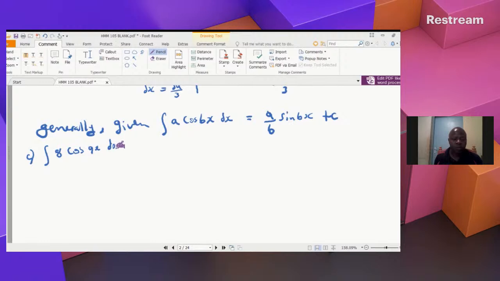Of course, you know the answer from this generalization. But let's use the working in B. We said let 9x be u.